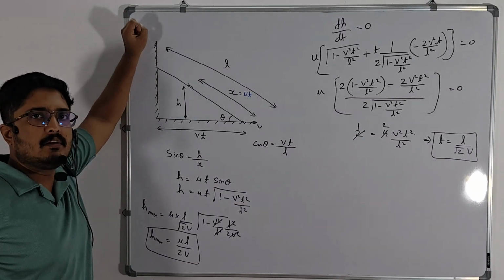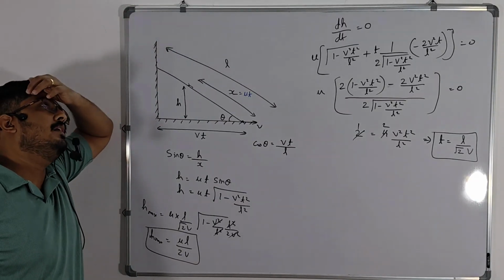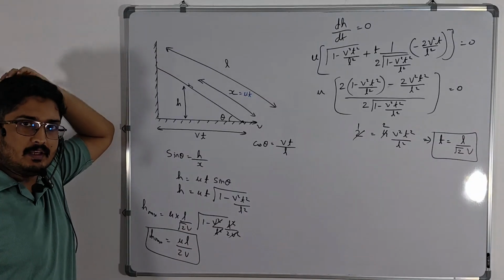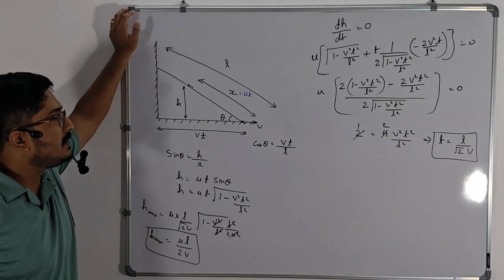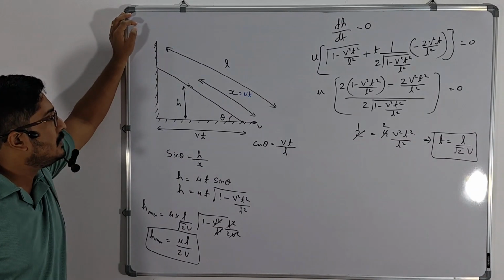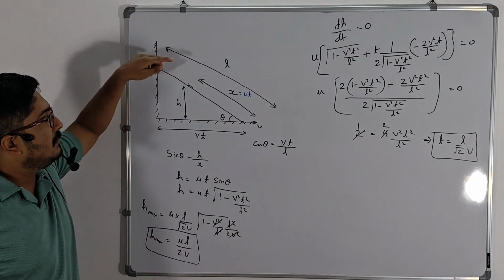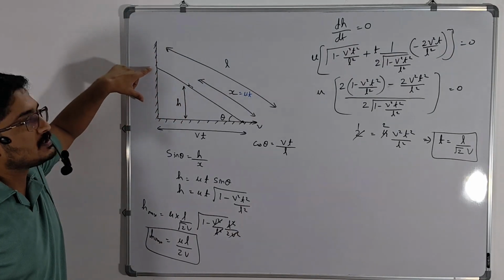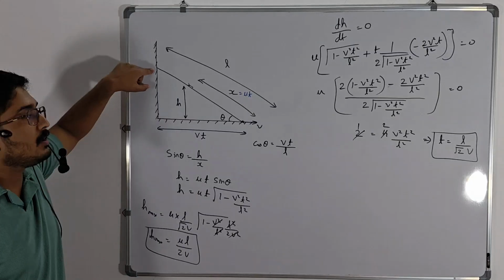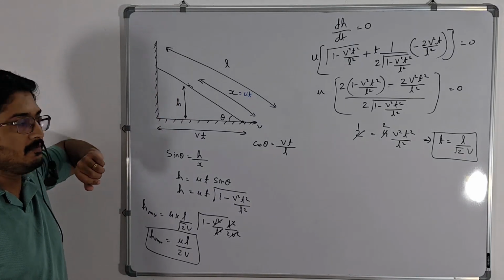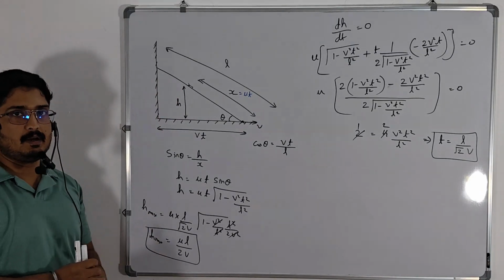We can stop here, but if you think about it, there is one more possibility here. It's a very interesting possibility. According to our discussion, if the beetle was not able to reach this point before the maximum height was achieved, that is when I'll be getting this as the maximum height.